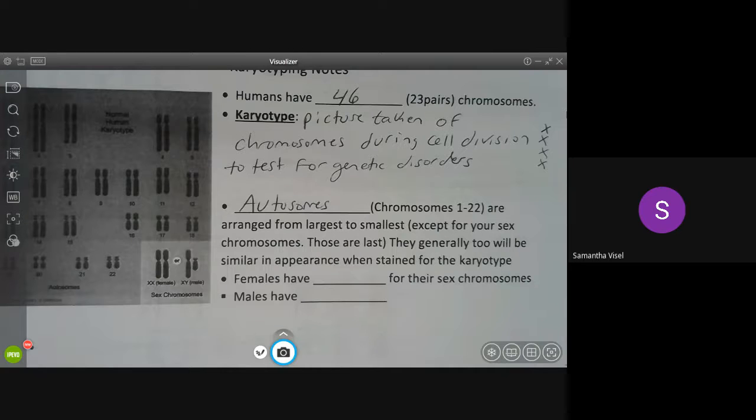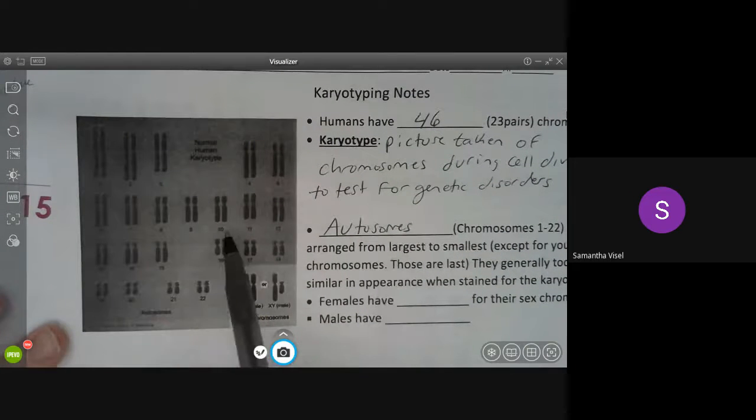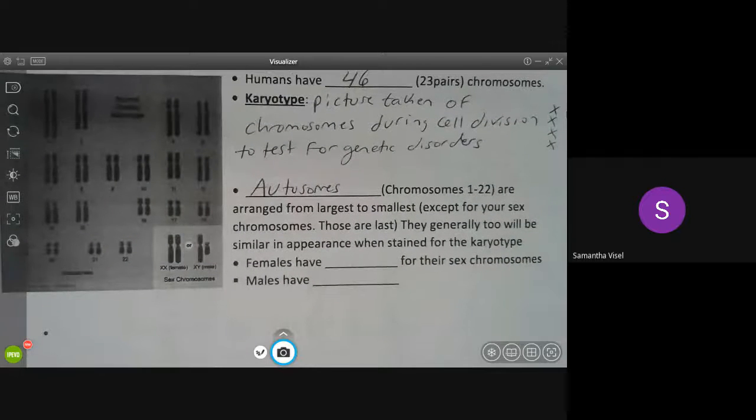These are your chromosomes that code for a variety of different types of hereditary information. Maybe on chromosome number 1 is hair color, and on chromosome 11 is height. But what makes these different from the sex chromosomes is that they're controlling everything about your body aside from what sex you'll be at birth.